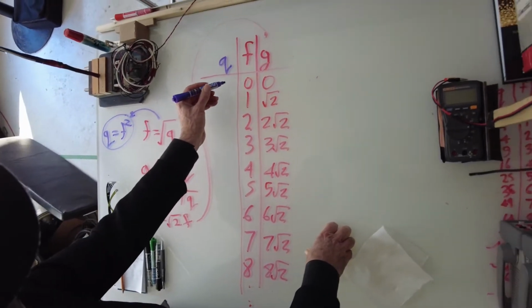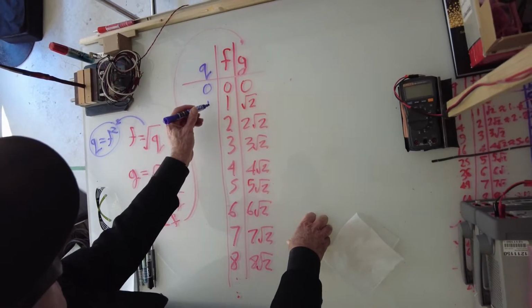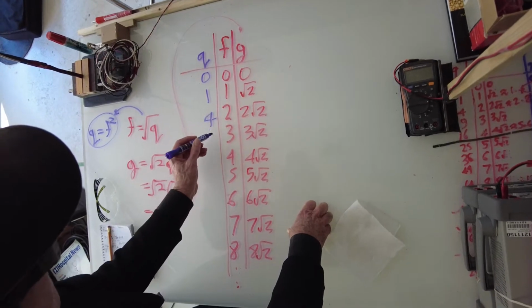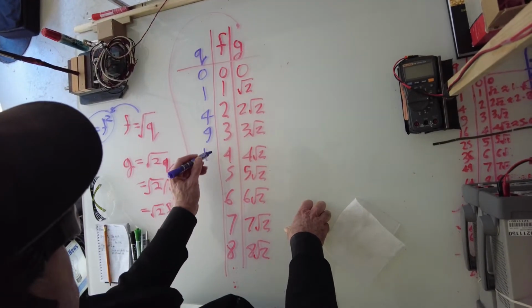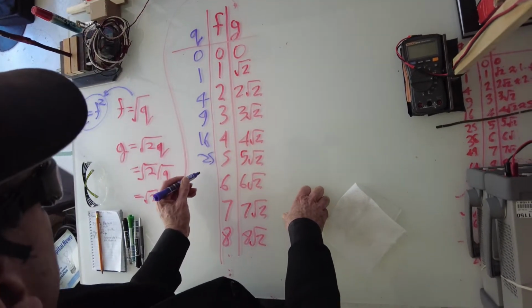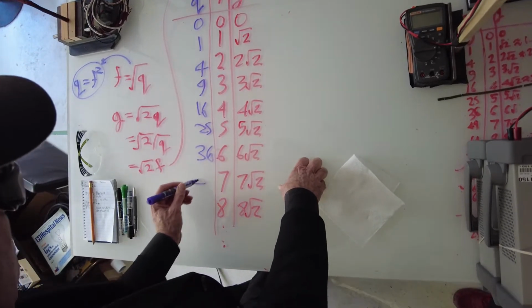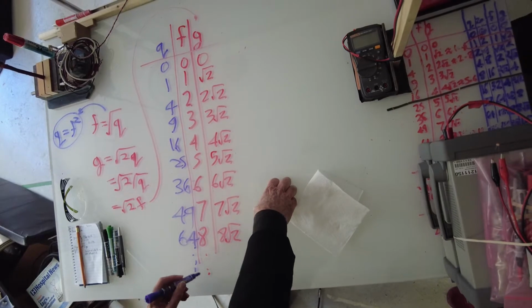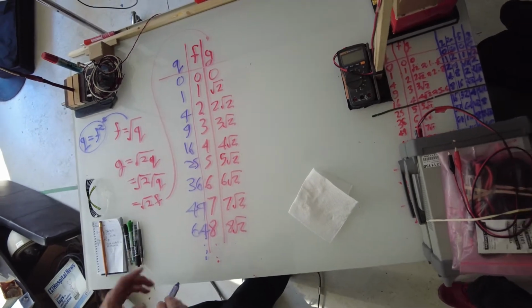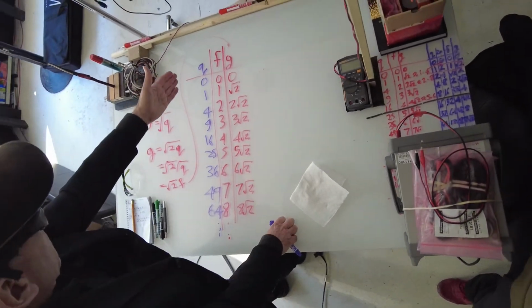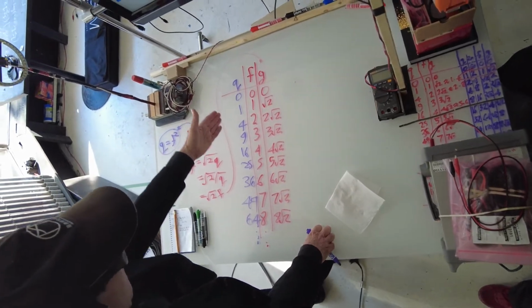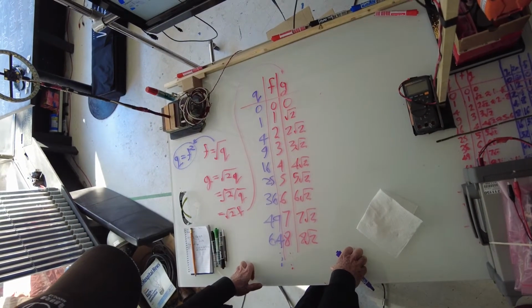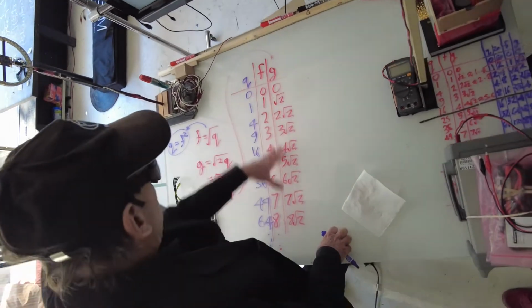So q equals f squared, so it's going to be 0, 1, 4, 9, 16, 25, 36, 49, 64, and so on. This is what we want to infer, more or less, from this data.